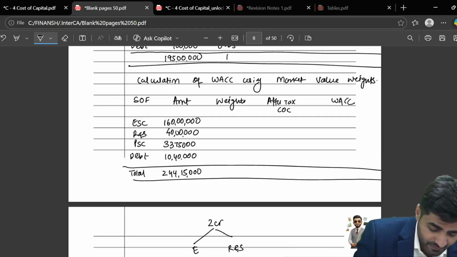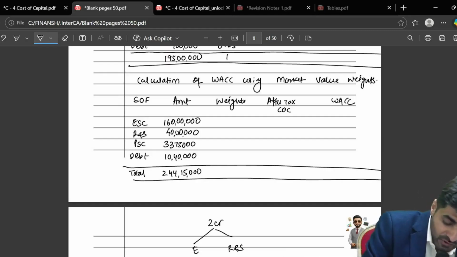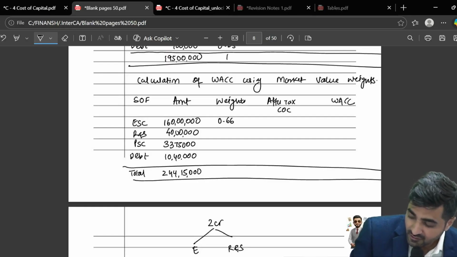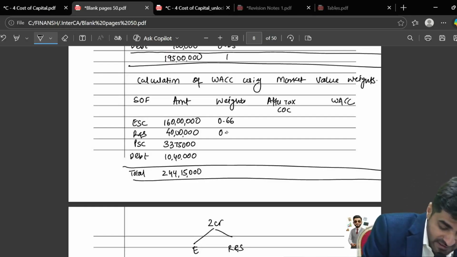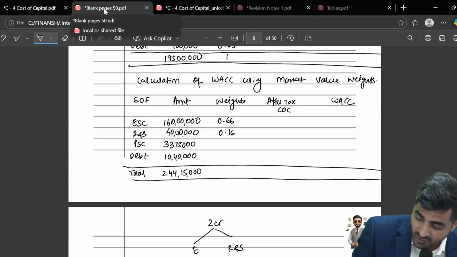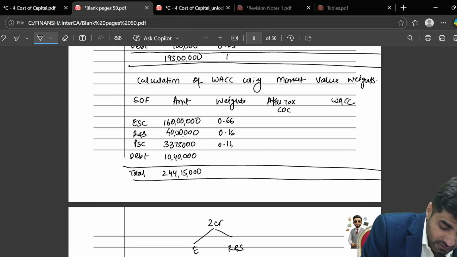Now what are your weights? First I will take 2 crore 44 lakh 15,000 and now 1 crore 60 lakhs. I have to divide by this, so it is going to be 0.66. This is now going to be 0.16. This will be 0.14.